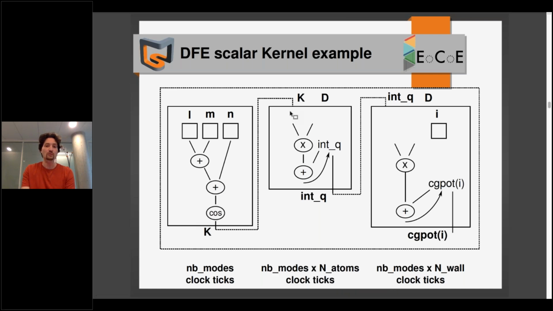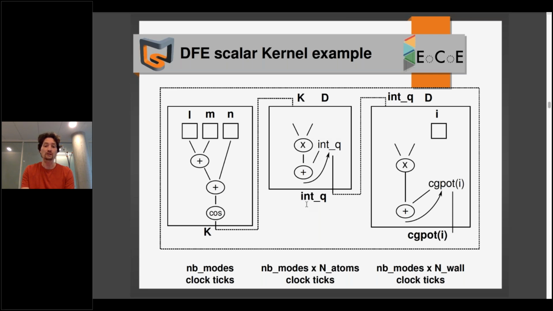This output is an input for my second kernel, which has K on one side and D on the other, makes the product of the two and aggregates the value inside this kernel.